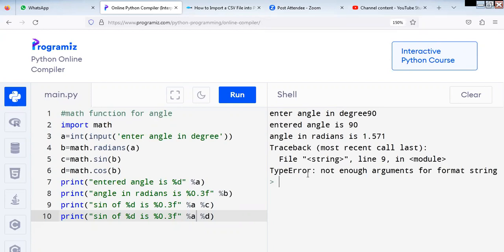You can try this at your end. This is about the mathematical functions. If you find any example in this, I will send you. Control F math.